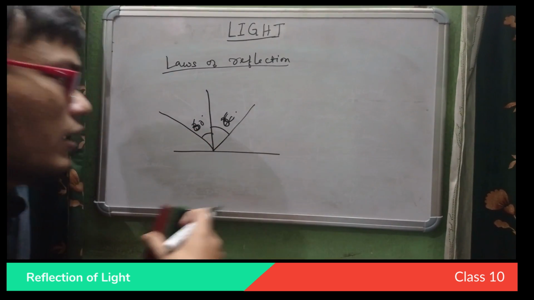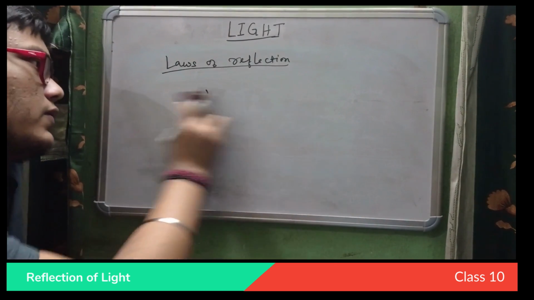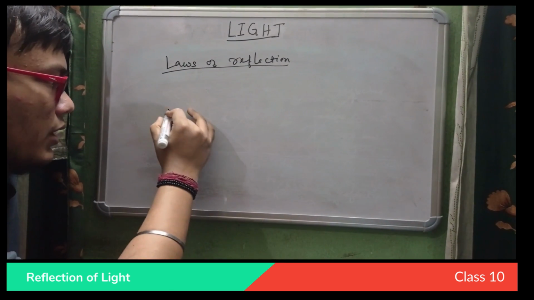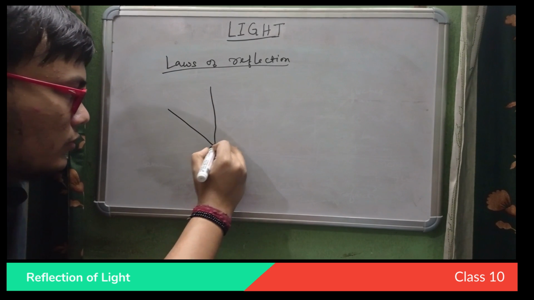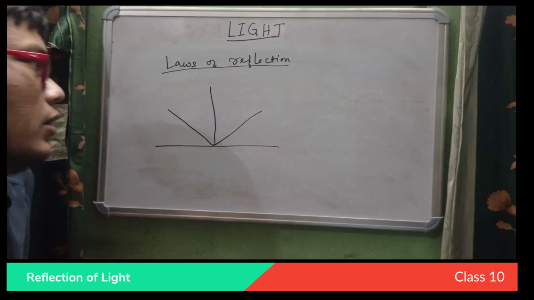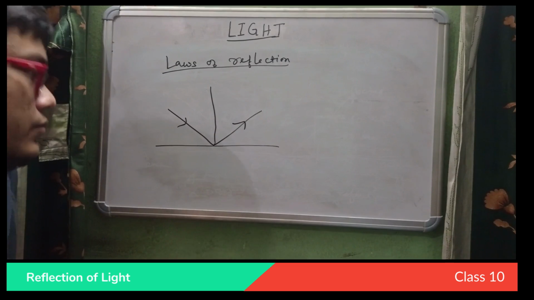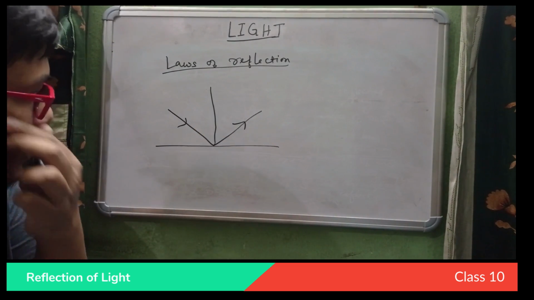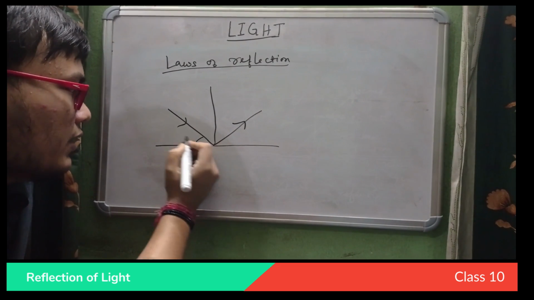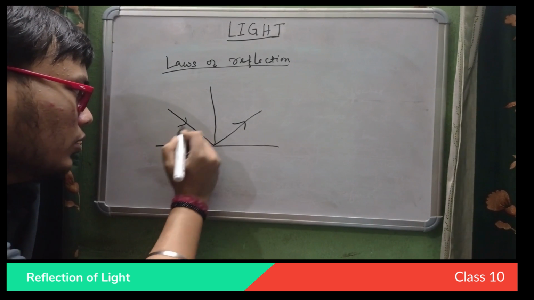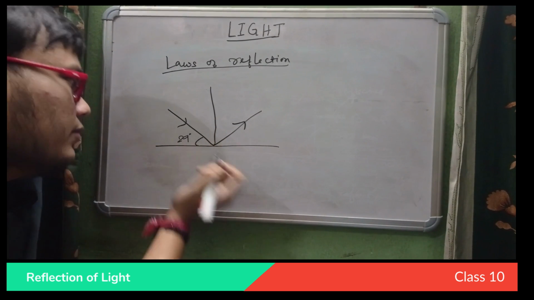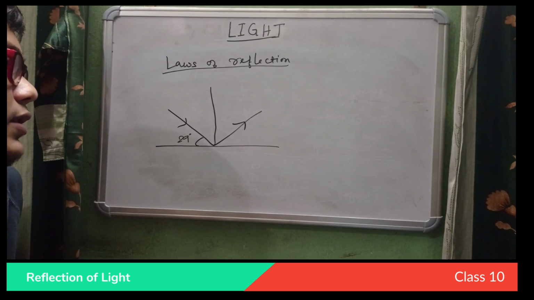Now let's say this is the normal, and this angle is given as 29 degrees.